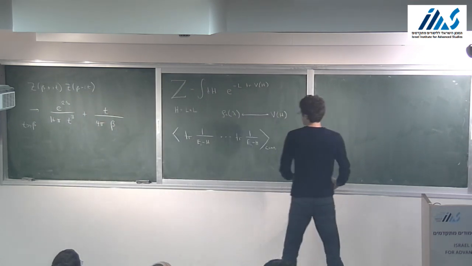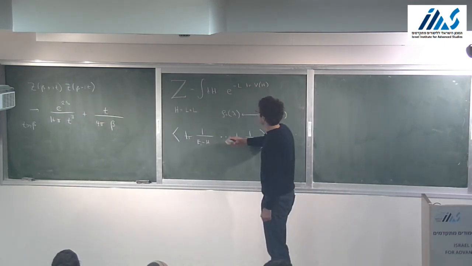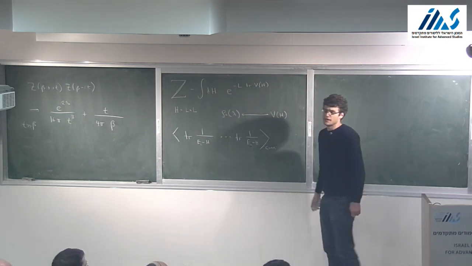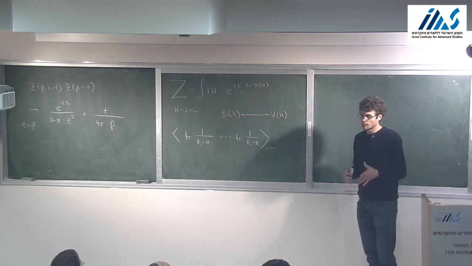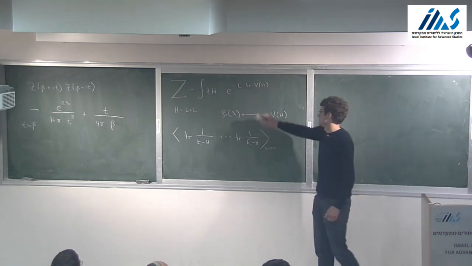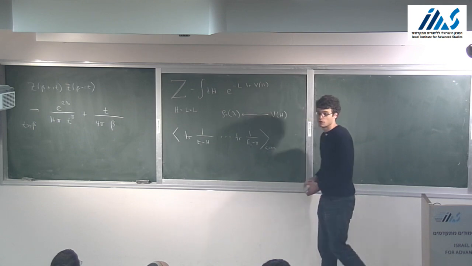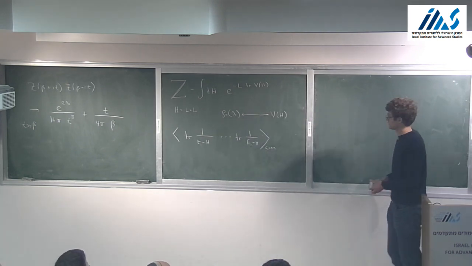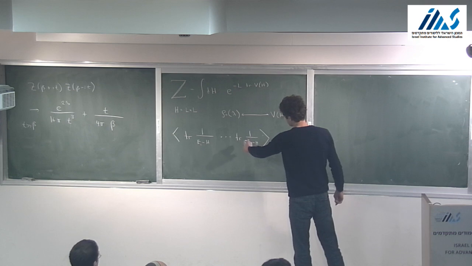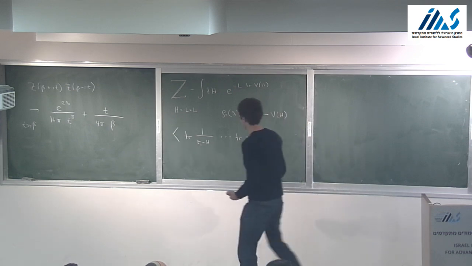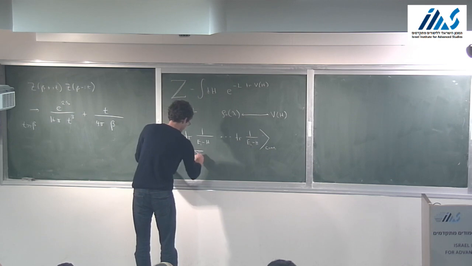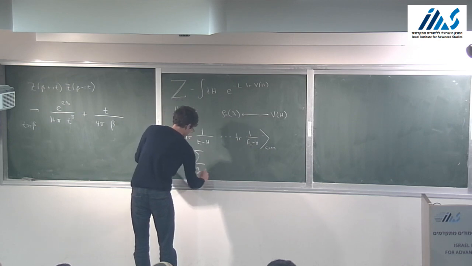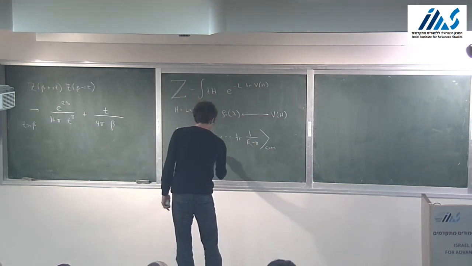Now, pretty much any observable in a random matrix integral has a 1 over L expansion, which is related to the 't Hooft double line expansion of this integral. I'm not going to go into that in detail, but I'll just tell you that this expression here has an expansion which looks like the following.